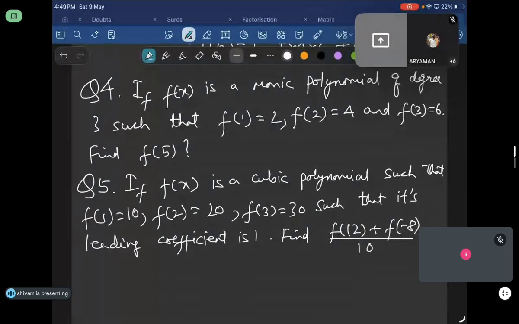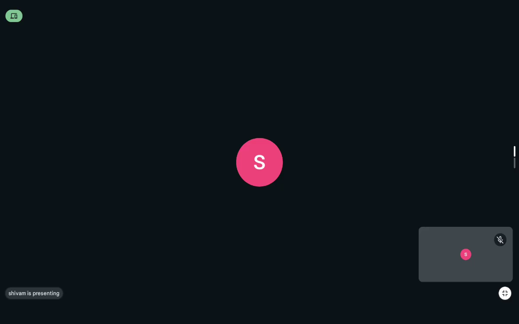You people have forgotten the meaning of monic polynomial? Yes, Satyaki, tell me. Sir, the coefficient of the highest power of x is 1. Yes, the coefficient of the term with the highest power should be equal to 1.